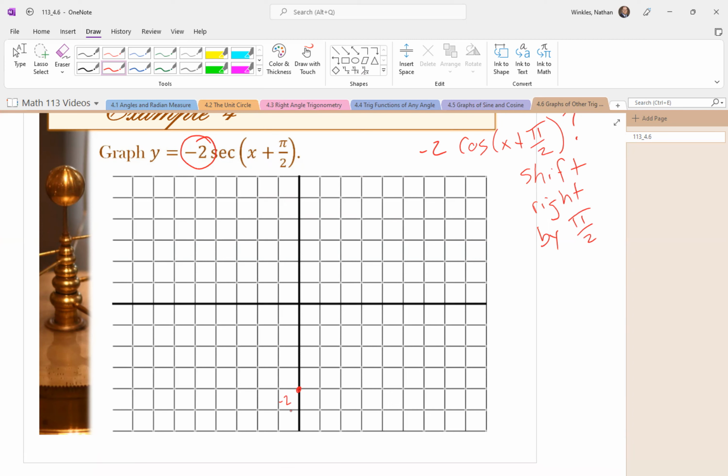So this is just for the normal cosine. Really what we're doing is, what does -2 cosine of x look like? And then we'll worry about this shift in a second. We know that at 0, we're at 1, so that's at -2. At pi over 2, cosine of pi over 2 is 0. Cosine of pi is going to be -1, so that's going to be at 2.